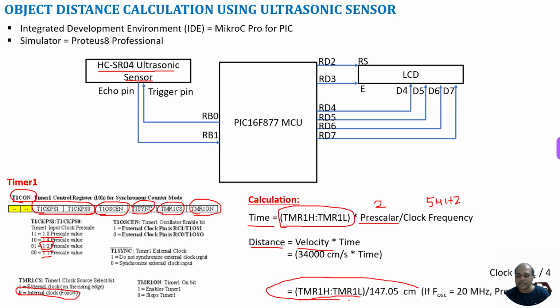If I compute this equation, I am able to compute the distance of the object from the module. Now let us go to the Proteus environment, where we will be building the circuit, and the programming will be done using the mikroC PRO for PIC compiler.